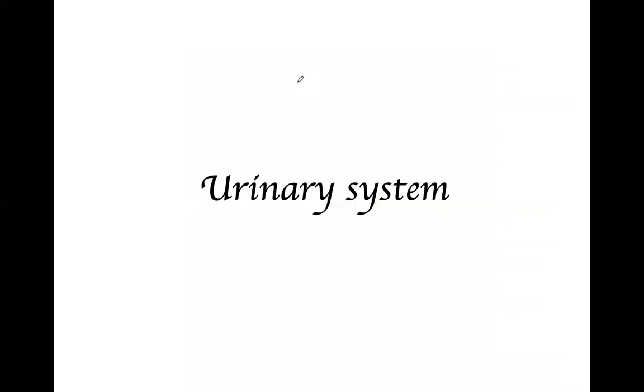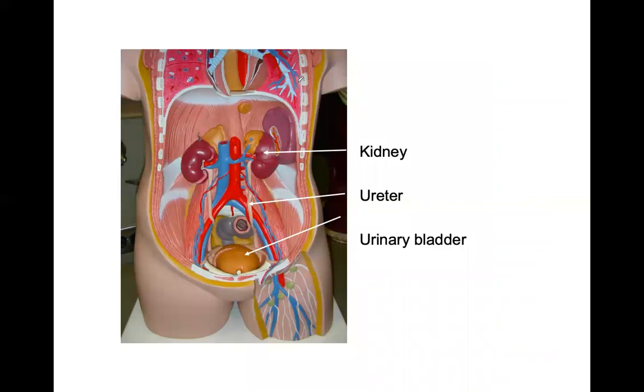Now, looking at the urinary system organs, we start by looking at the main organs. We have the kidney, which are basically paired, right and left kidneys. Kidneys are responsible for production of urine, and they release that urine going down through a tube called the ureter, which we already saw in both male and female reproductive system as well.